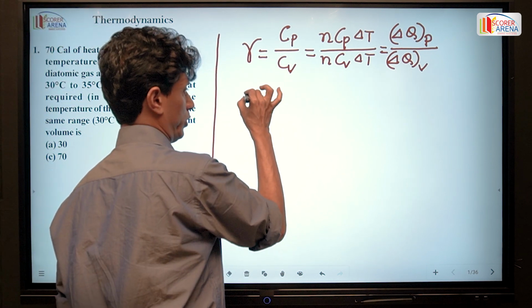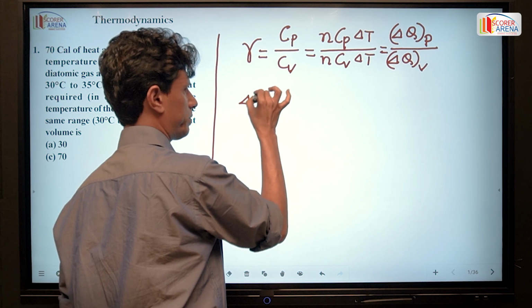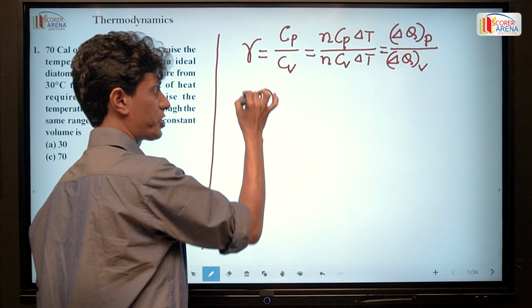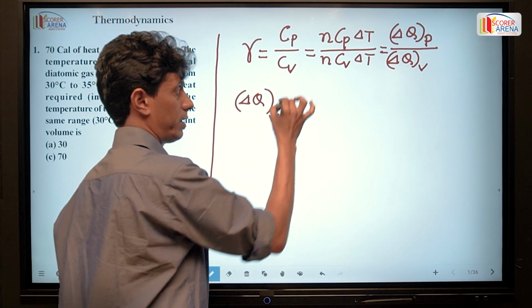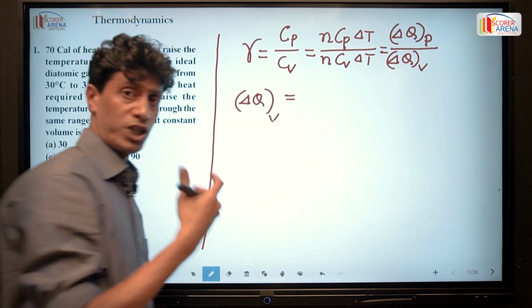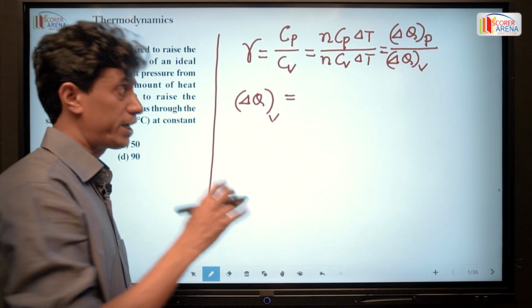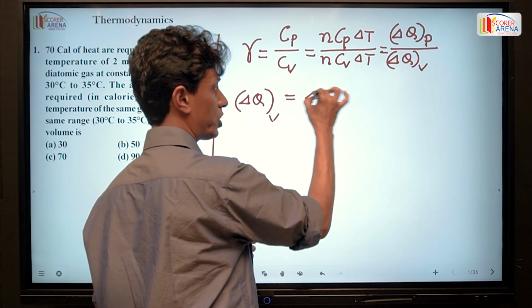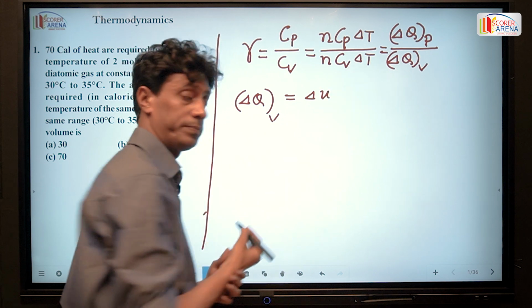At constant volume, if some heat is supplied to the gas, this heat is actually used to change the internal energy since no work is done by the gas. So this is actually the change in internal energy.